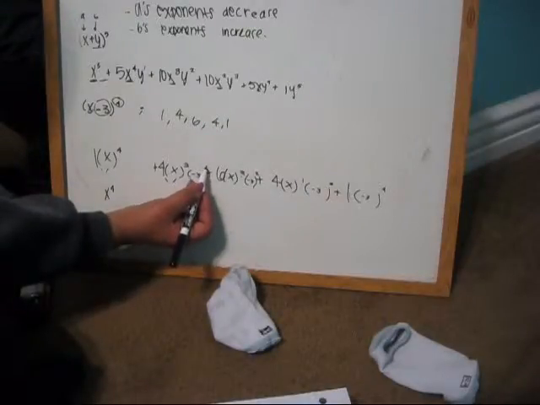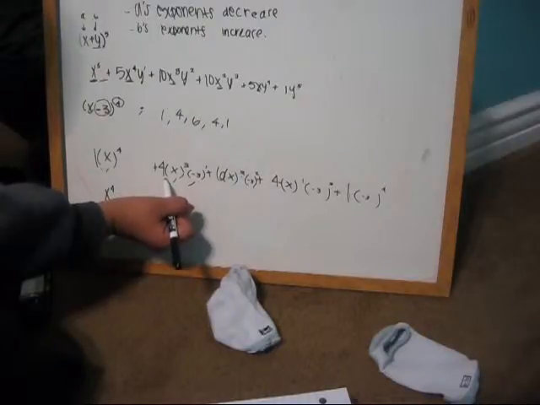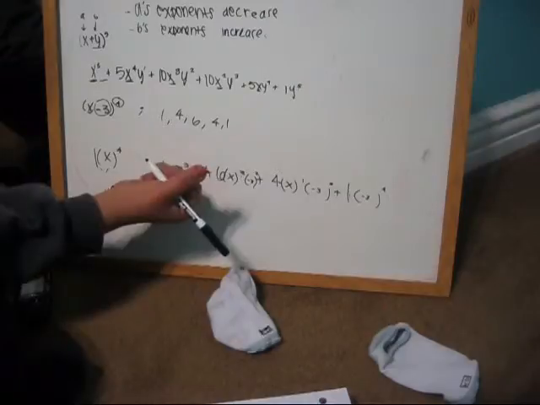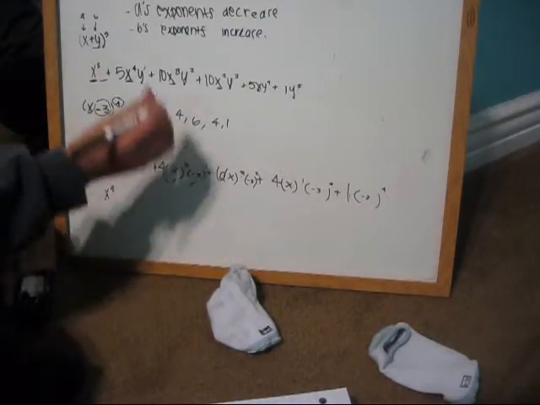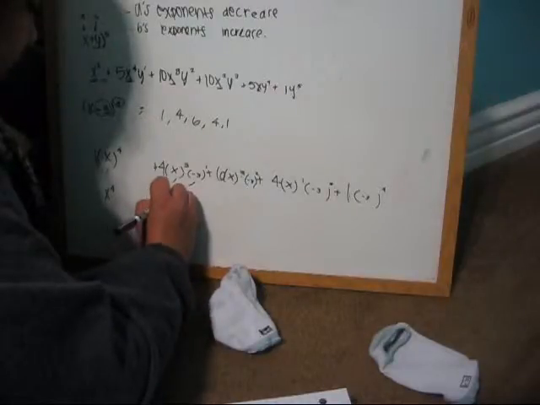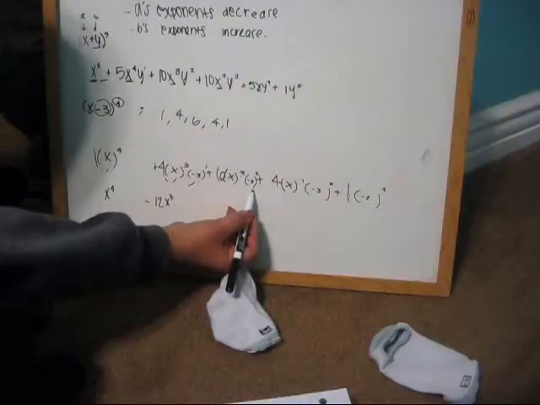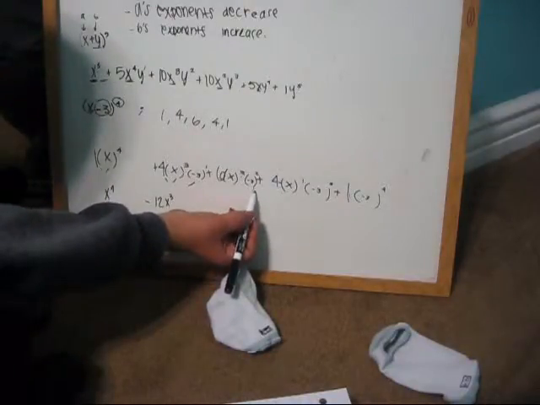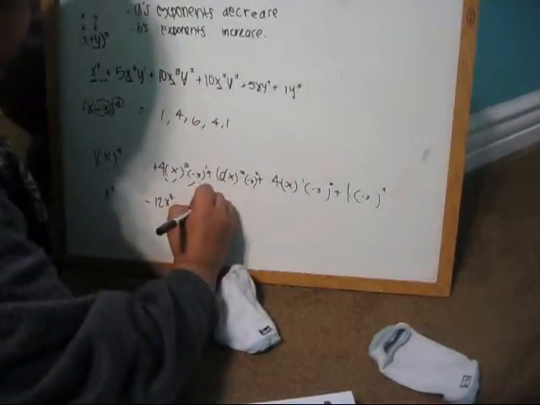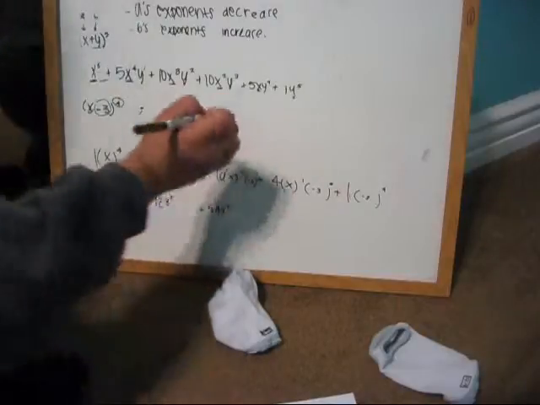Negative 3 to the first power is just negative 3, times 4 is negative 12, so x to the fourth minus 12x cubed. Then you have negative 3 squared, and negative 3 times negative 3 is 9, times 6 is 54, so plus 54x squared.